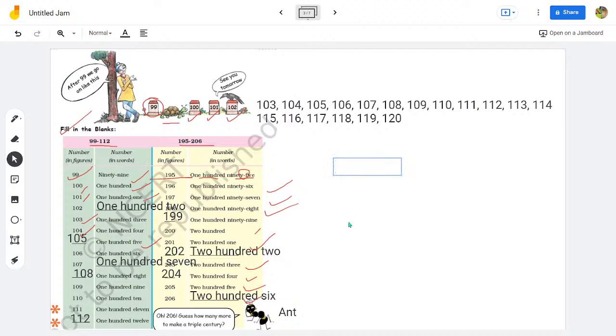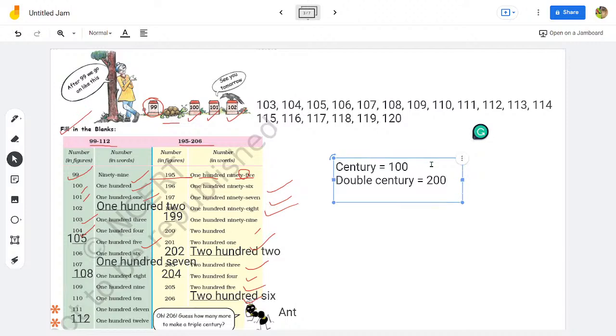As you remember, in the previous slides I told you that century means 100, right? If a century means 100, then double century would be double the 100, that is 200, right?